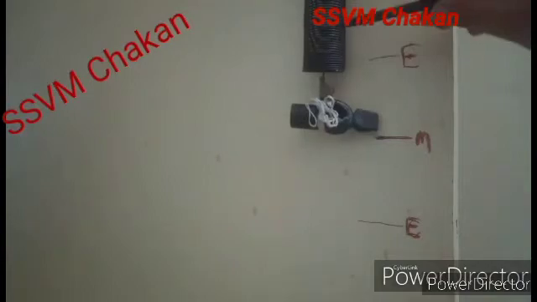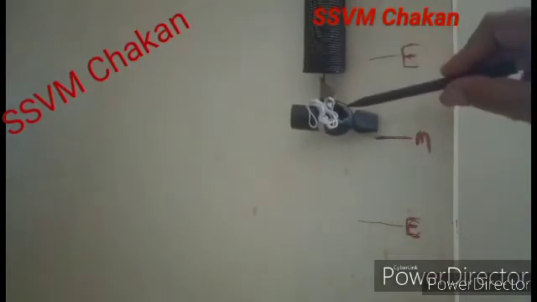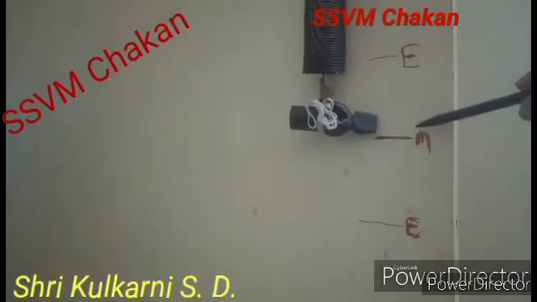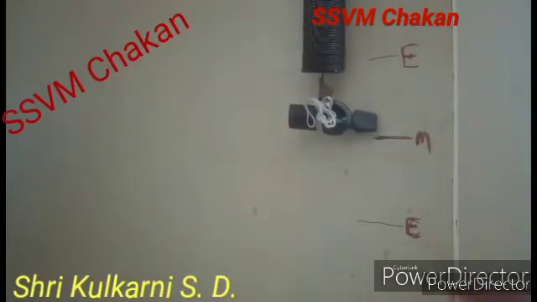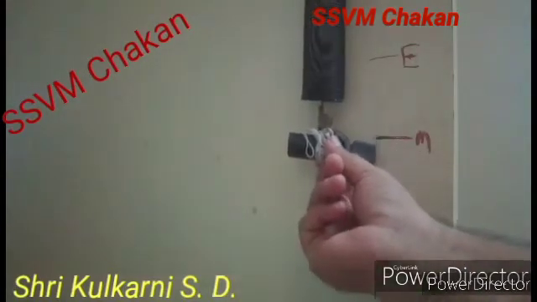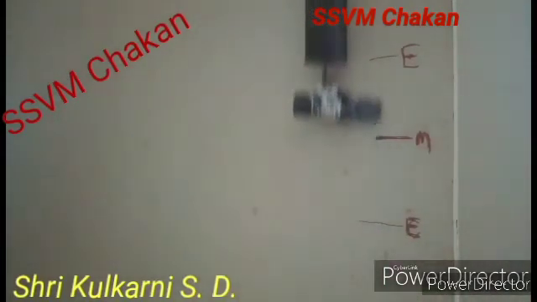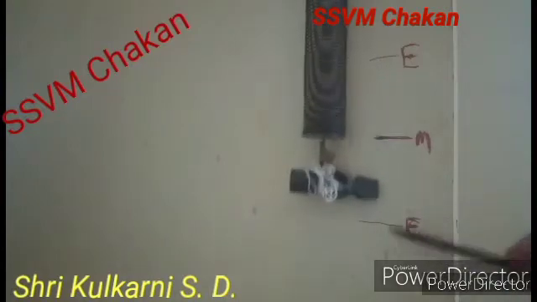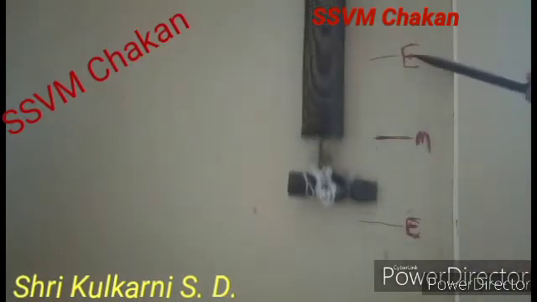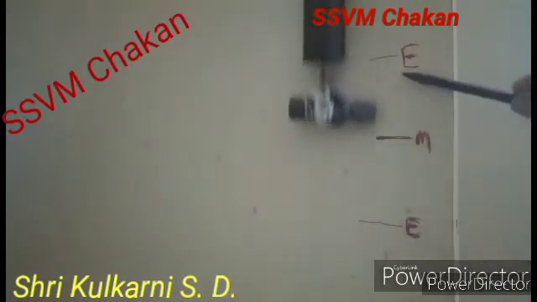Mass is attached to the spring. So mass is now at a mean position. See, it is at mean position. Now I will displace it to the extreme position and release. It starts moving in between two extreme positions and around the mean position.